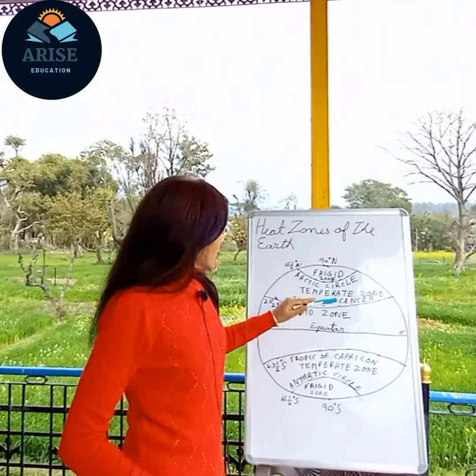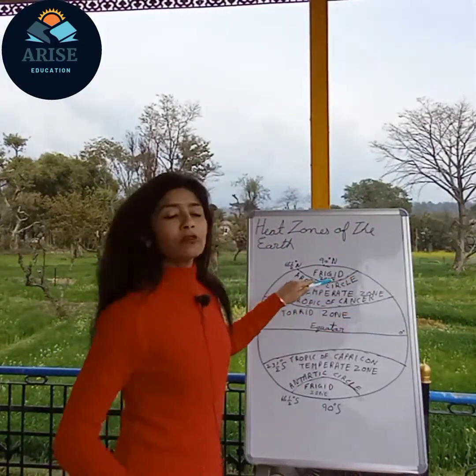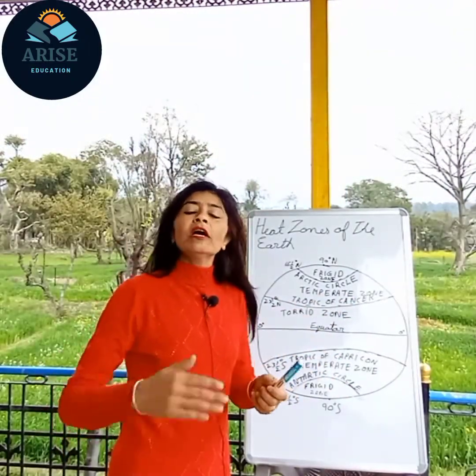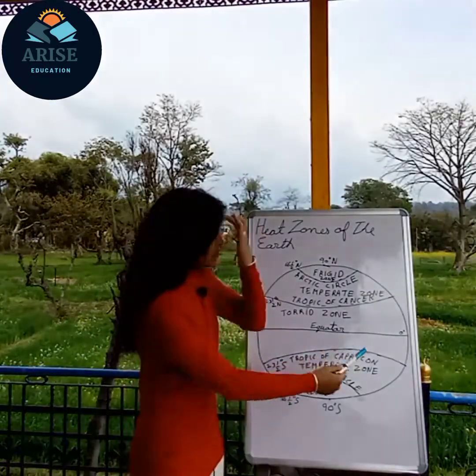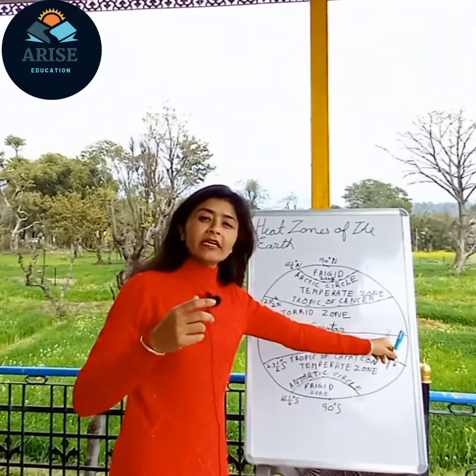Both the northern and the southern hemisphere are further divided into latitudes and longitudes. Latitudes are sleeping lines and longitudes are standing lines.